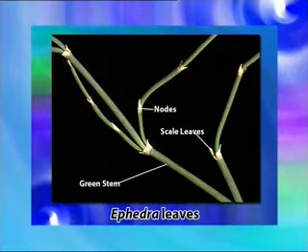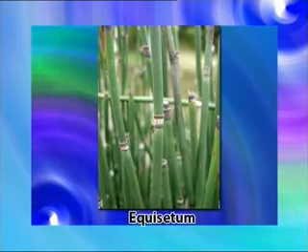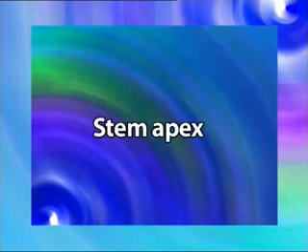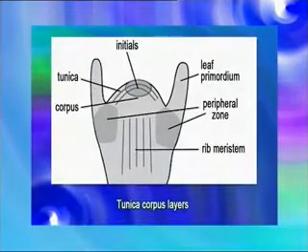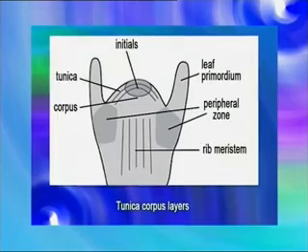Thus, the function of photosynthesis is carried out by the stem. With its jointed stems and small leaves, Ephedra superficially resembles the horsetail, that is Equisetum. Now stem apex. The stem apex of Ephedra has been extensively studied by Gifford and Seelinger. It shows a clear distinction between tunica and corpus layers.